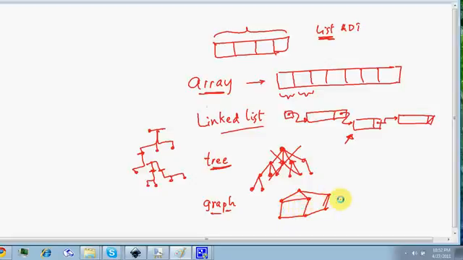For example, a cyclic graph, for example, a directed graph. Directed graphs are the ones where not only are the nodes linked, but there is some kind of relationship going from one node to another. For example, this could be dependency. This node depends upon this node. Okay, and similarly, this node depends upon this node, and so on.